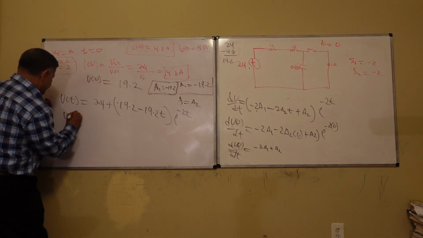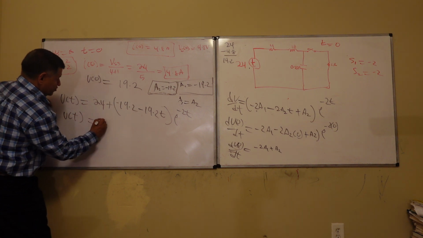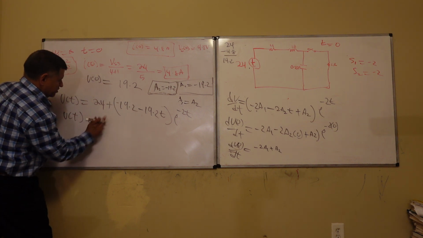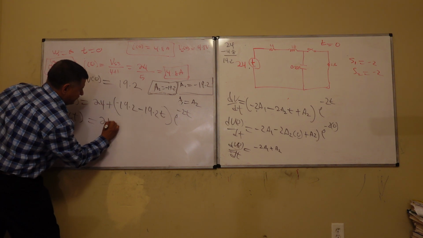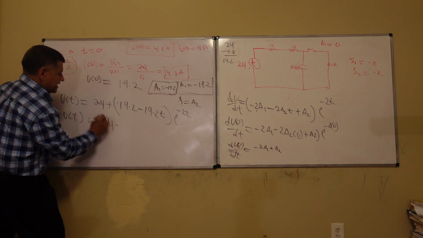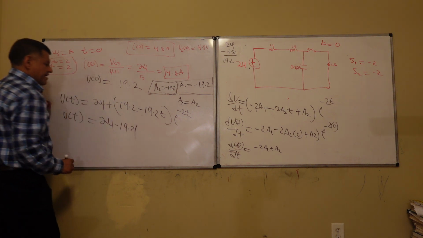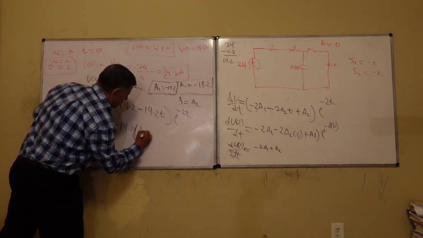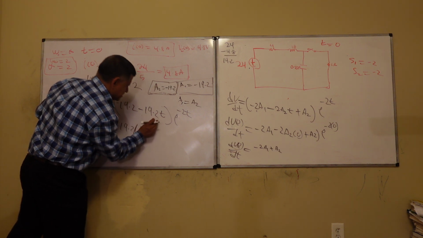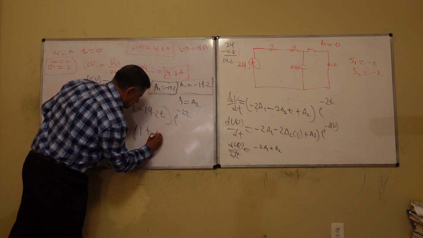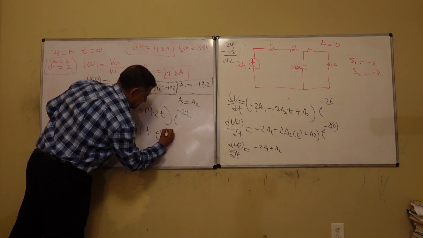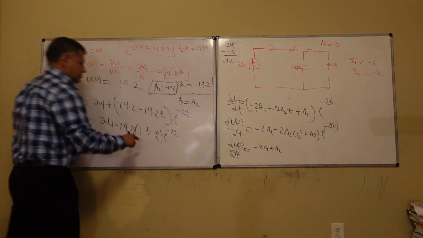So B of t is equal to 24 minus 19.2, parenthesis inside with a 1, plus, just leaving the t inside, t times e to the negative 2t.